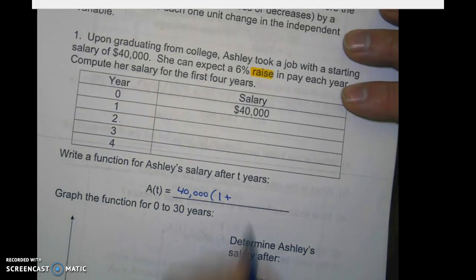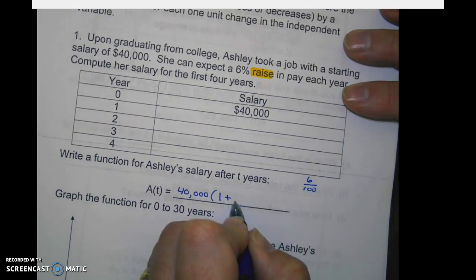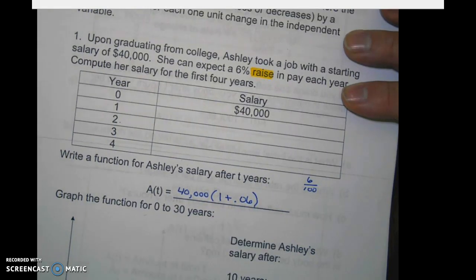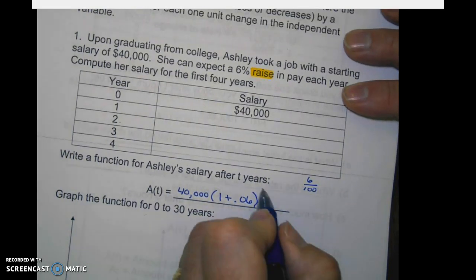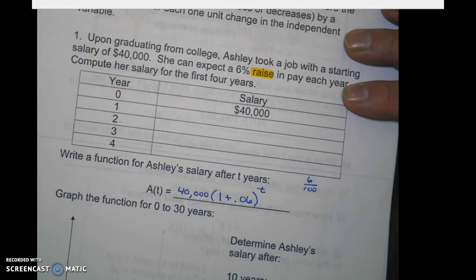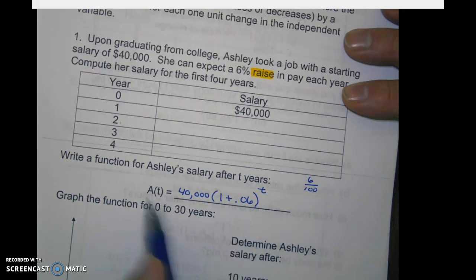Our rate is 6%. Remember, change it to a decimal, so divide it by 100. And then t is time. Initial amount, rate, and we want to calculate her salary after t years, her amount of salary.